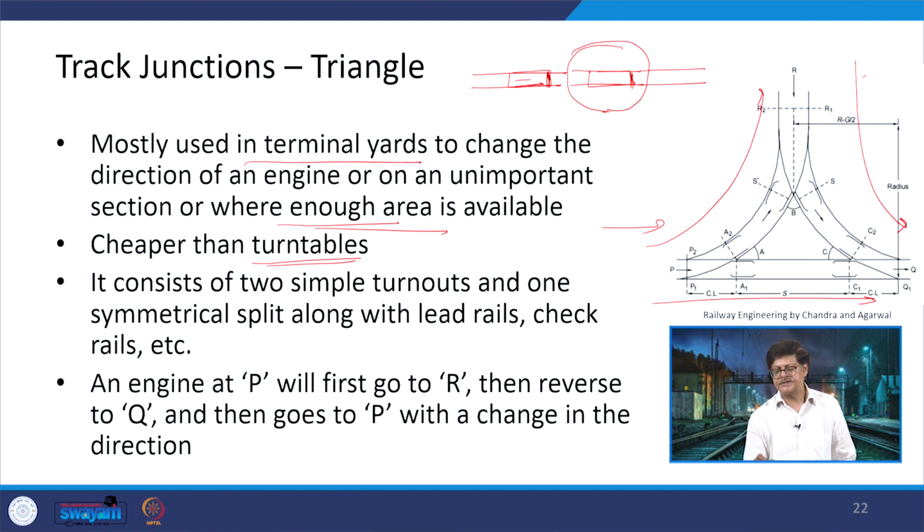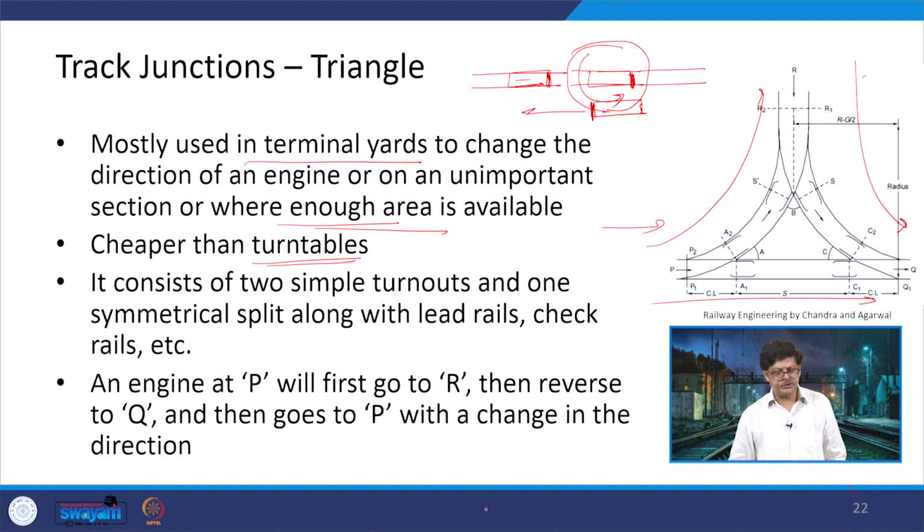Now, this turntable rotates. So, it will be rotated, and once it is rotated, the direction of the locomotive will become this way and it will go back on the track. So, that is a turntable design. But this turntable design is costlier, and that is the reason the triangles were created.